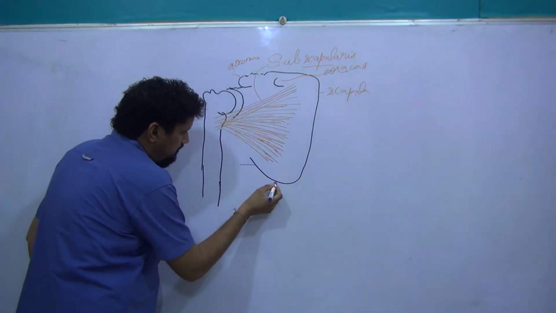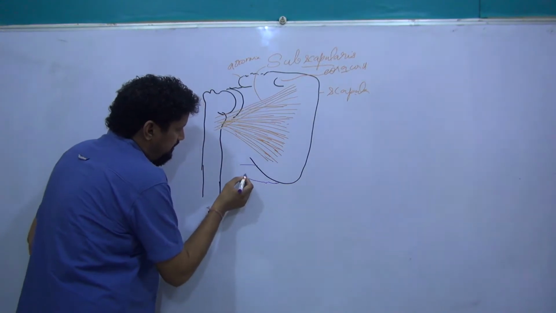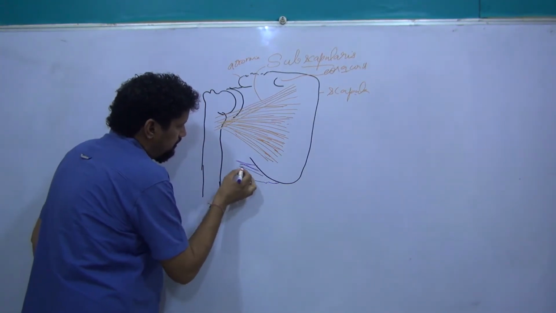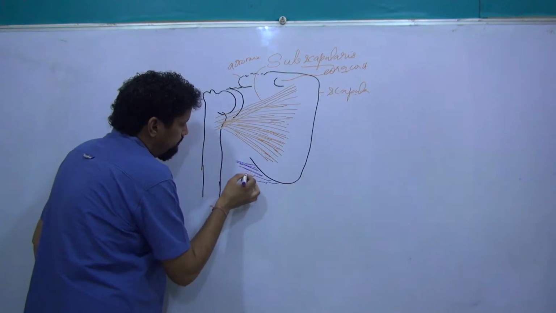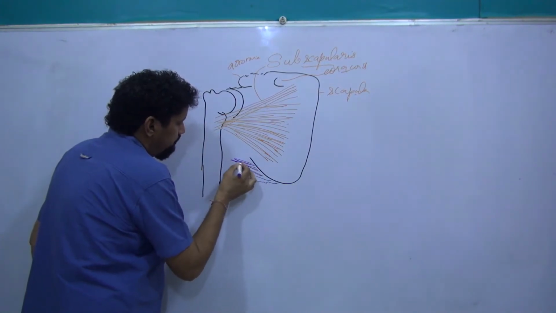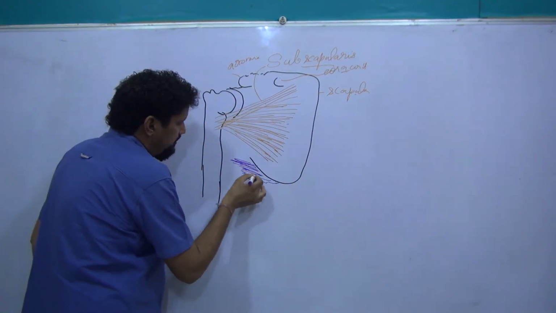The other muscle running from the scapula to the humerus is the teres major.